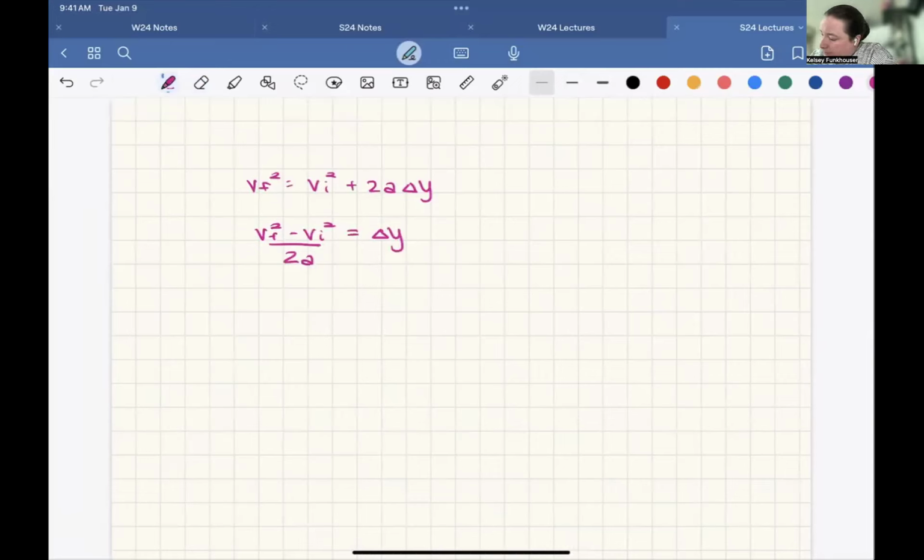Before we plug stuff in, we can see that the final velocity is 0, because as I told you, eventually the velocity goes to 0, and that is the highest point. So the initial velocity here is that v1 we were using, 5.33 meters per second, whole thing squared, divided by 2 times negative 9.8 meters per second squared.